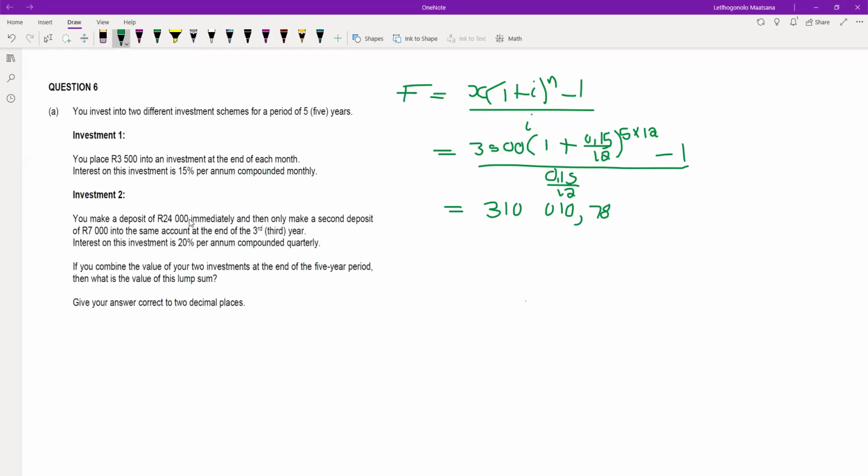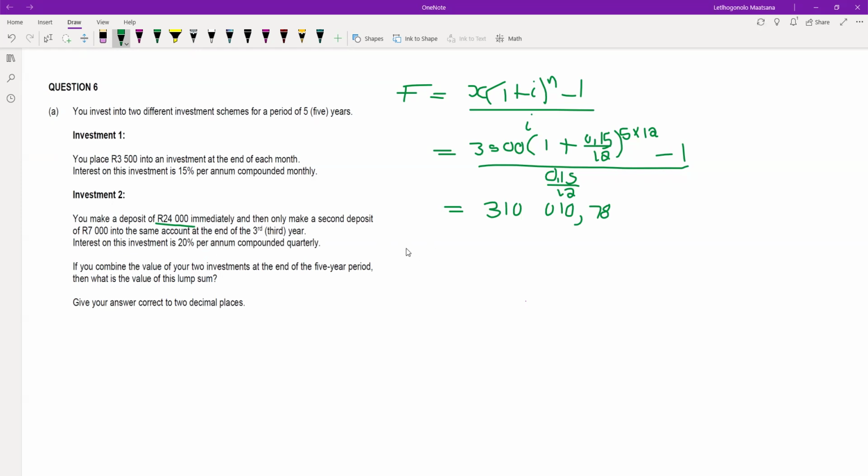For the second investment, we're going to start with the 24,000, right? So the 24,000 was there for the whole 5 years, right?